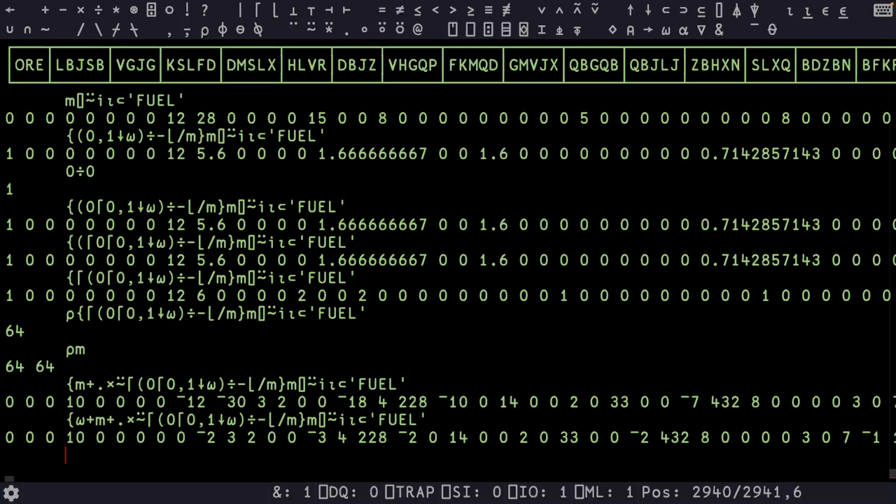And that gives us a new value here. And yeah, this is sort of a complete iteration of running the reactions that we need to run.